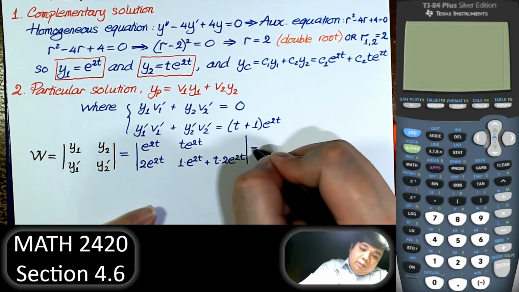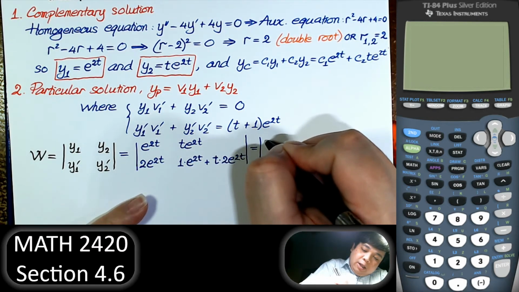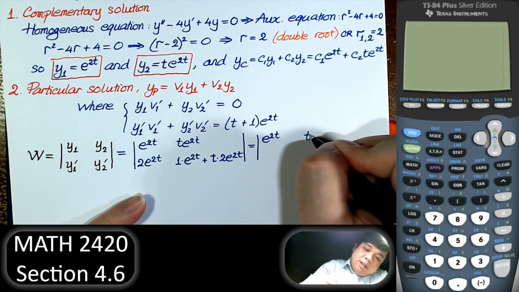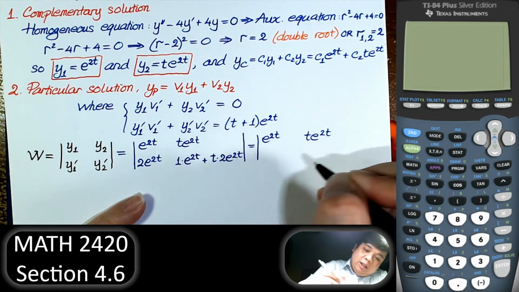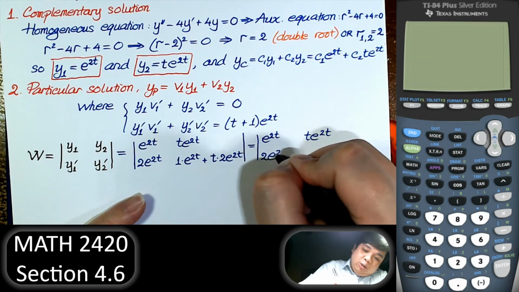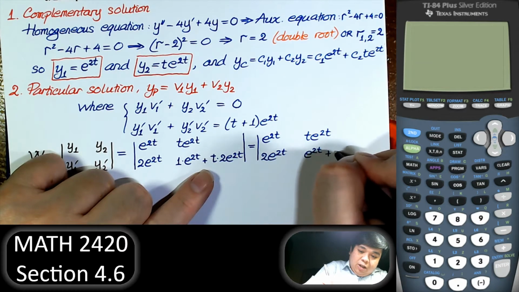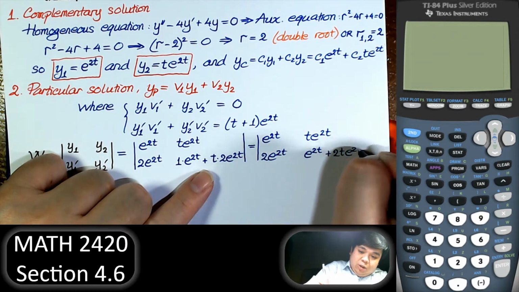Right. e to the 2t, t e to the 2t, 2 e to the 2t, e to the 2t plus 2t e to the 2t.